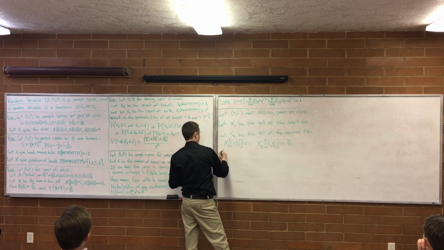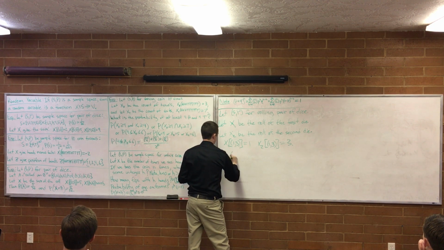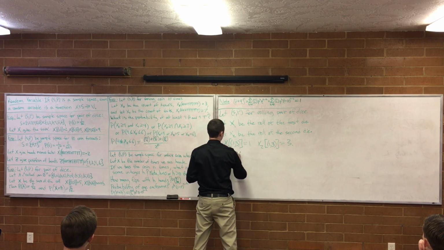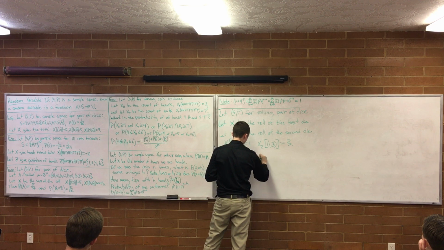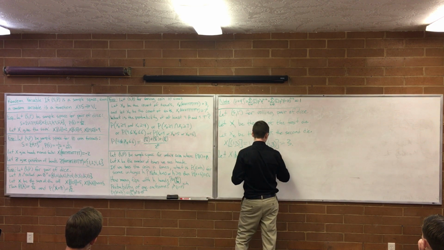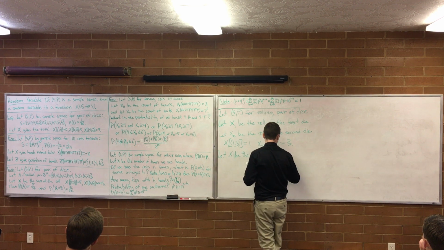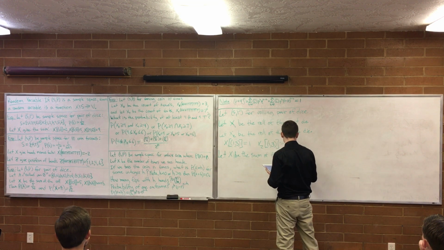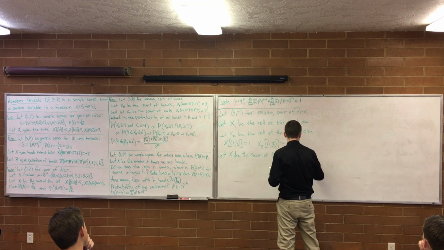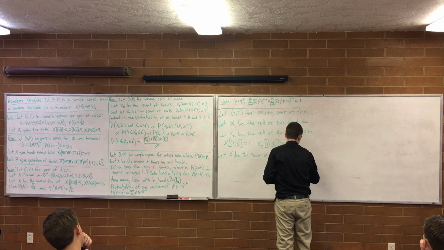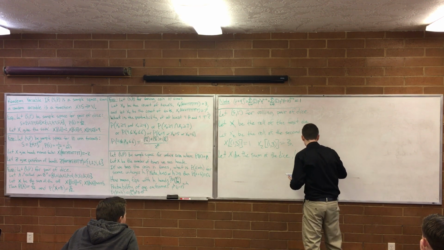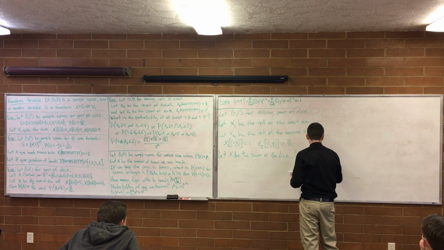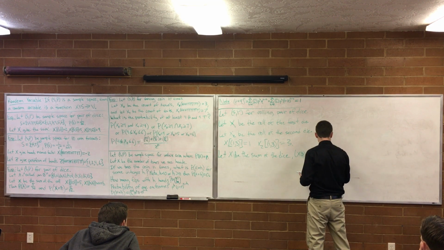Let's make a third random variable. And let X be the sum of the dice. Or in other words, X of a particular outcome is equal to X1 of that outcome plus X2 of that outcome.